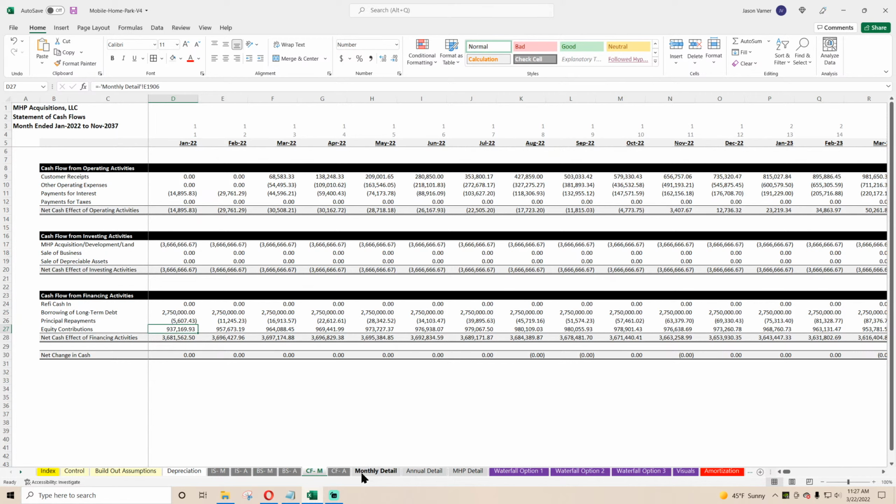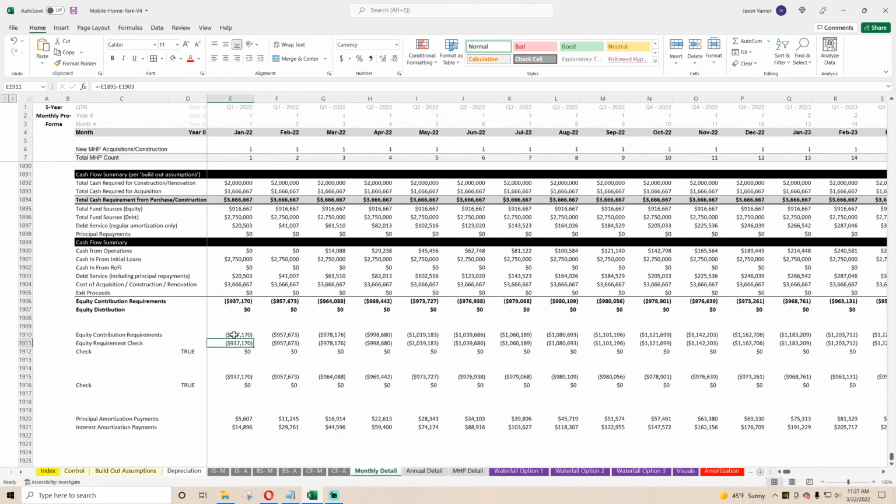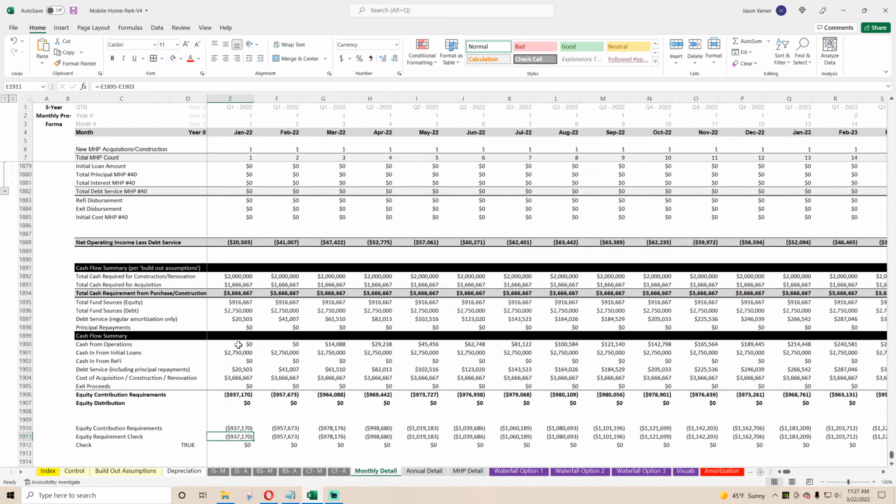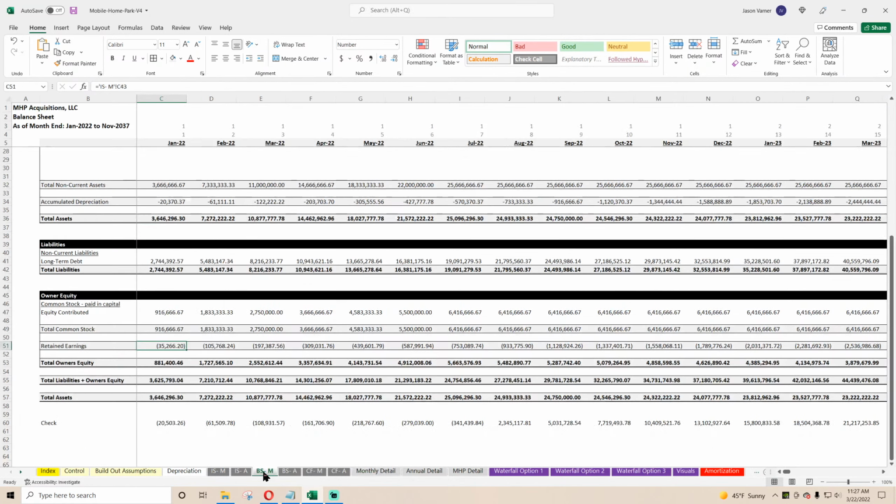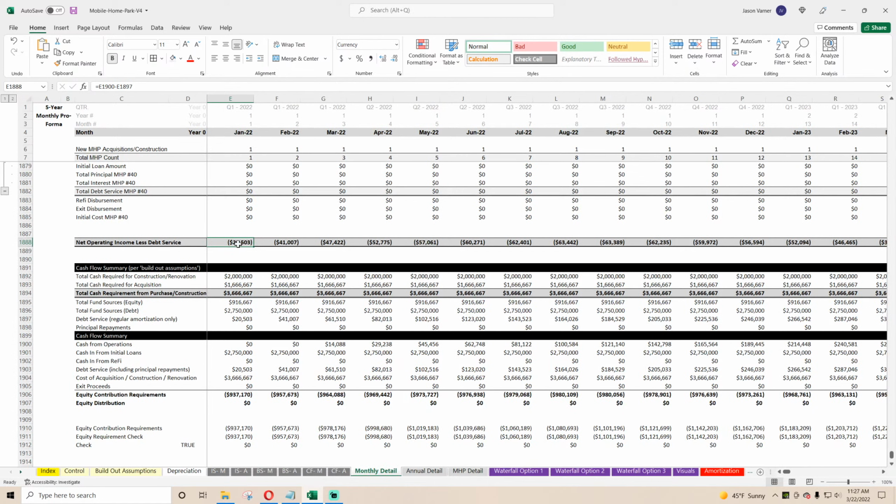So let's think, if we're taking 937 as contributed from equity, hold on, 20,503, is that what we're out by? Yes, okay, we found it. All right, so we're out by this number here.